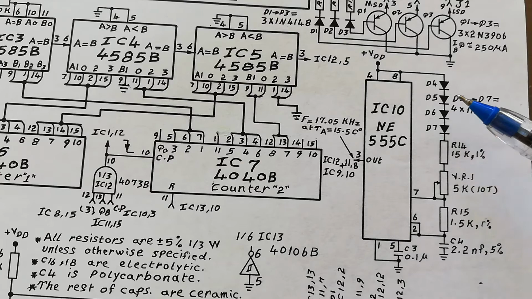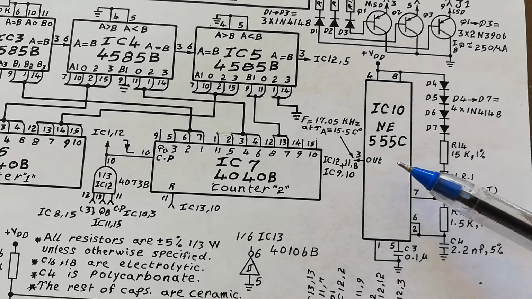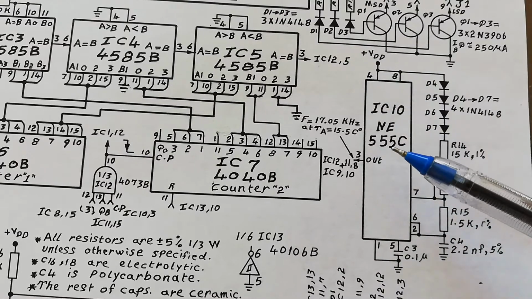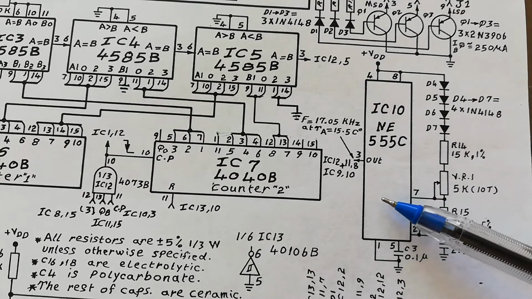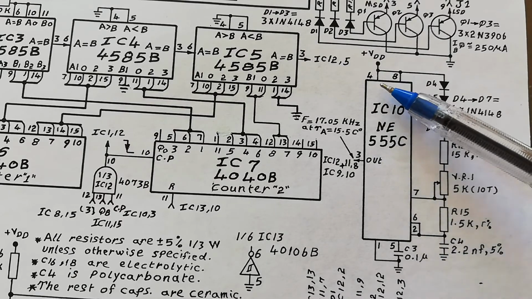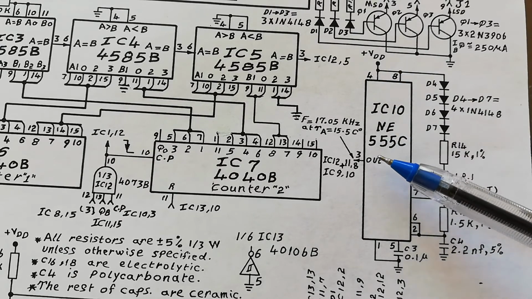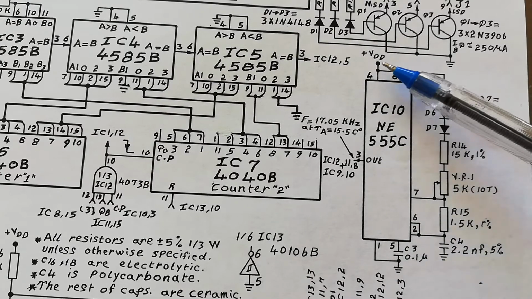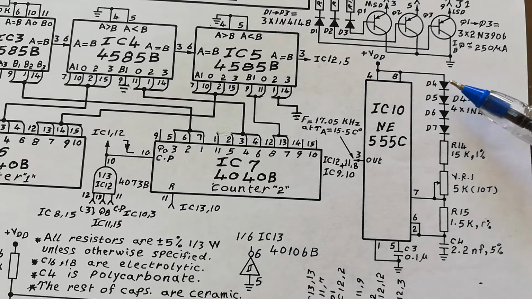In this case, the reference voltage inside the chip will divide the 12 volts, the supply voltage V plus, to 4, which is 1/3, and 8, which is the 2/3. The reference is set to the 2/3, which is the 8 volts, while actually the charging is not from the 12 volts. It will be the 12 volts minus the drop across these diodes, and that drop is around, let's say, 0.7 or 0.8 each.